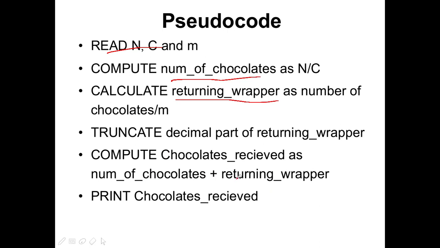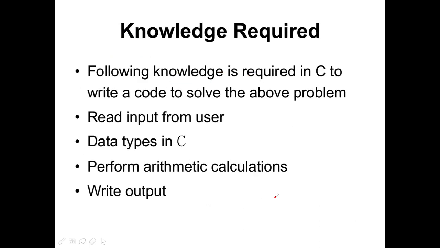So add both of them and store it in another variable, chocolates received, and you are going to print the chocolates received. This is the pseudocode, or you can think of this as an algorithm. Actually, when you are writing the algorithm, you have to bring in the logic involved in solving the problem, and it should be independent of the language.